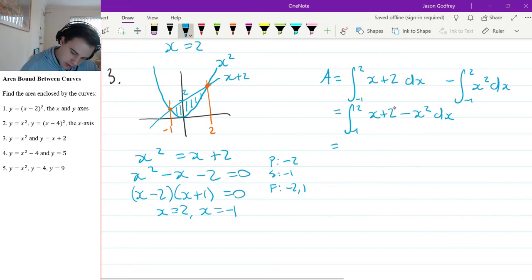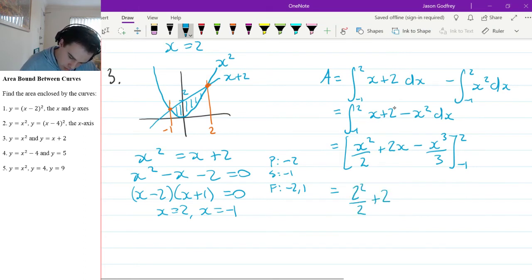So if we integrate x, we add 1 to the power and divide by the new power. 2 is a constant, so it integrates to 2x, and minus x squared integrates to minus x cubed on 3. And we're going from -1 to 2. So we'll sub 2 in: 2 squared on 2, plus 2 times 2, minus 2 cubed on 3.